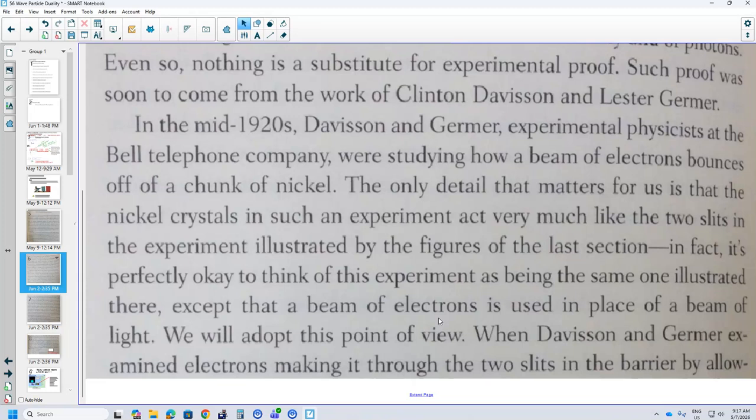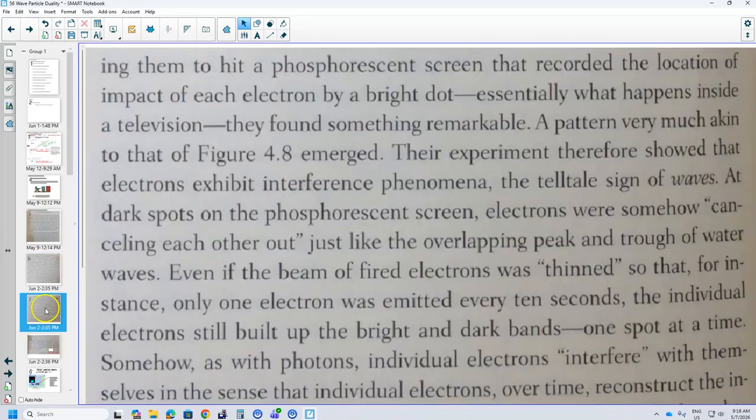as illustrated in the figures in the last section. In fact, it's perfectly okay to think of this experiment as being the same one illustrated there, except that a beam of electrons was used in place of a beam of light. We'll adopt this point of view when Davisson and Germer examined electrons making it through the two slits in the barrier by allowing them to hit a phosphorescent screen that recorded the location and impact of each electron by a bright dot.